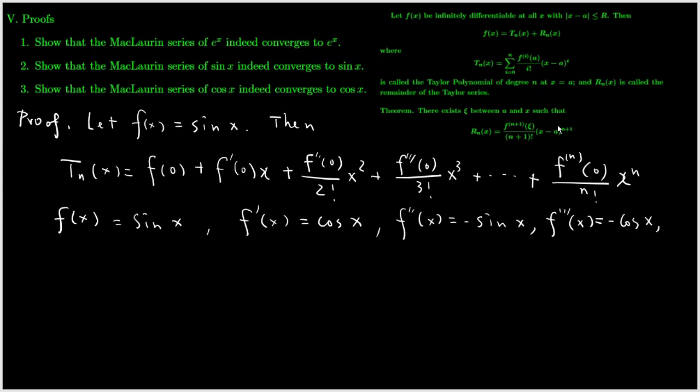I will write one more. The fourth derivative of the function, I'm going to write a little 4 in here to mean you keep on differentiating the function 4 times, equals the derivative of negative cos, which is sine of x. The derivative of cos is negative sine of x. So you see we're cycling back.